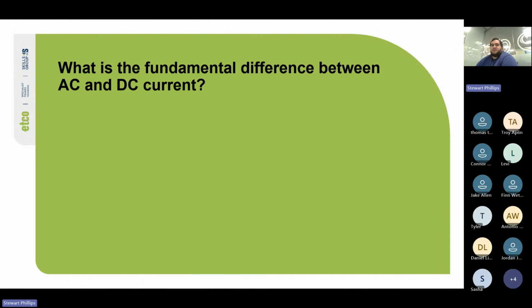So from last week, what is the fundamental difference between AC and DC current?